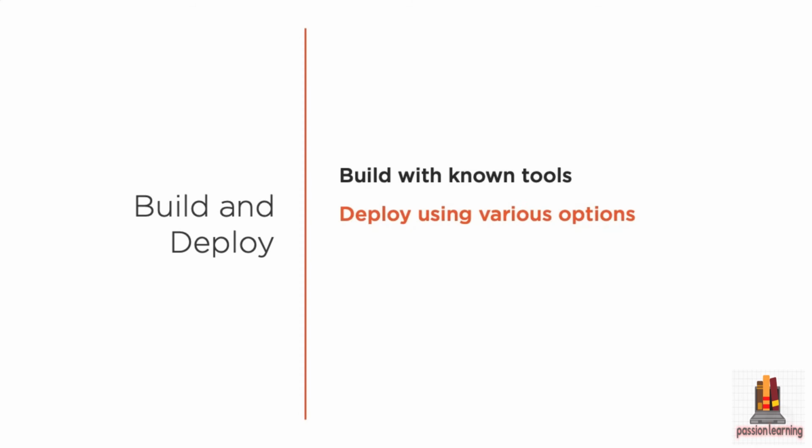And you can deploy using various options. So you can take advantage of Git and have a Git repository where your code is stored. And for some of the resources in Azure, you can set them up to be triggered where when a check-in on a known branch happens, that code gets pushed out to, say, your app service or your web application and put into production. You can also use those ARM templates.